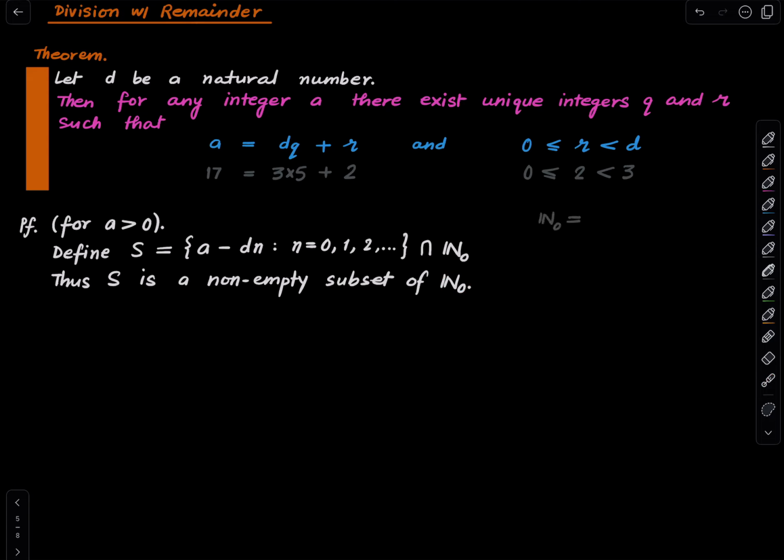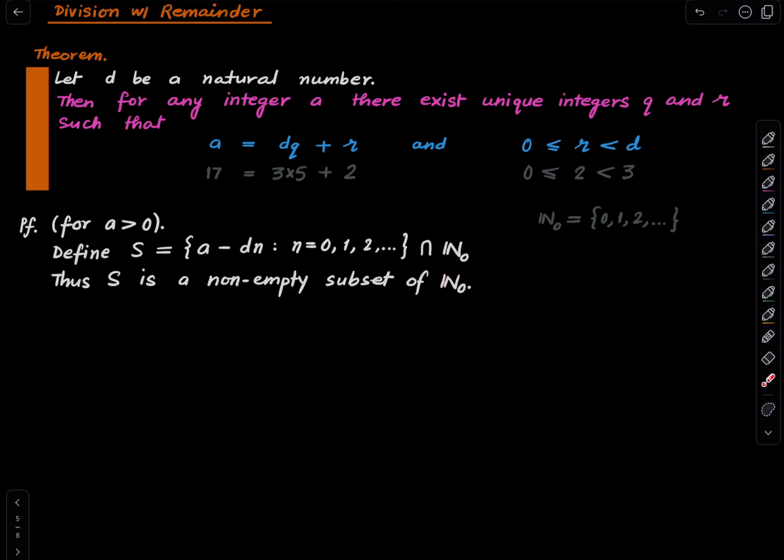I stated the well-ordering principle for natural numbers, but the exact same statement holds for whole numbers, of course. You pick any non-empty subset of the whole numbers, it will have a smallest element. So S is a non-empty subset of the whole numbers.